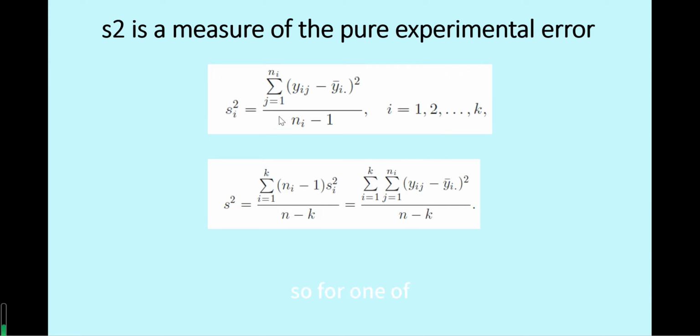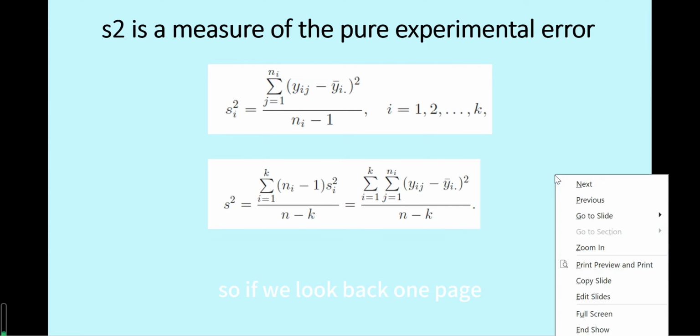So for one of the xi independent variable values, we get each y value, then minus this y bar for the given xi, then take the square and divide it by ni minus 1. So this is called Si square, and we sum all the Si squares, and divide by n minus k. So we get this S, which is the real pure random error.